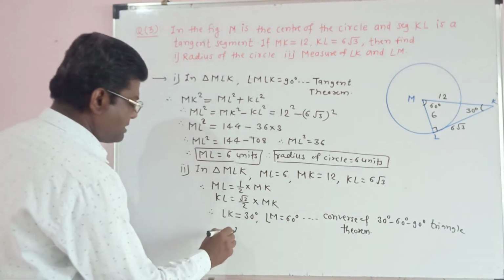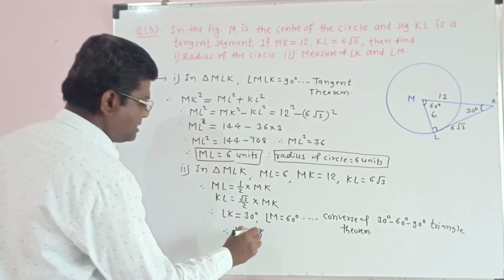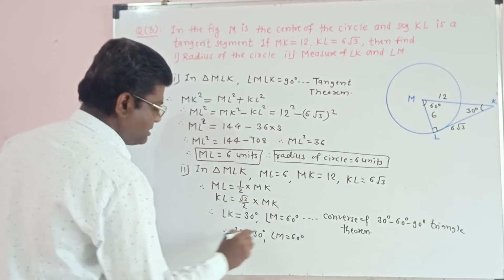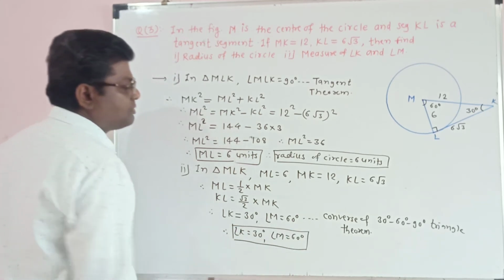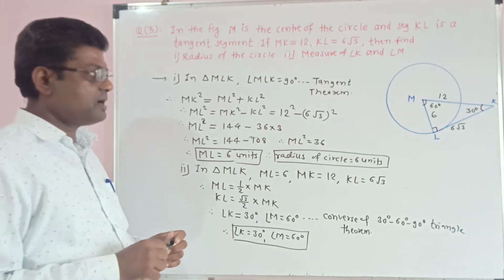Therefore our second answer is angle K is equal to 30 degree, angle M is equal to 60 degree. This is according to the 30 degree, 60 degree, 90 degree triangle.